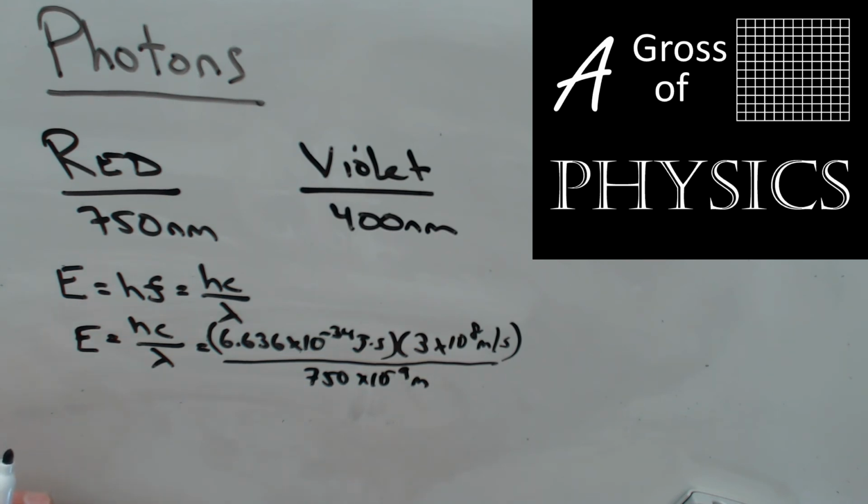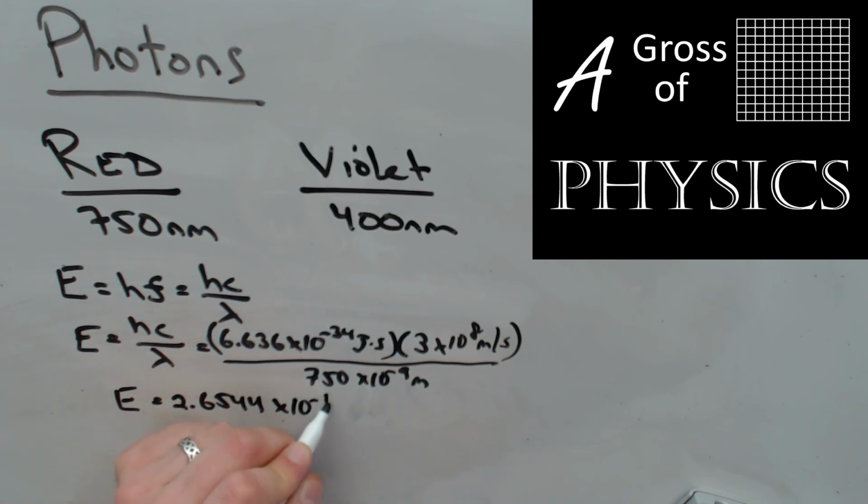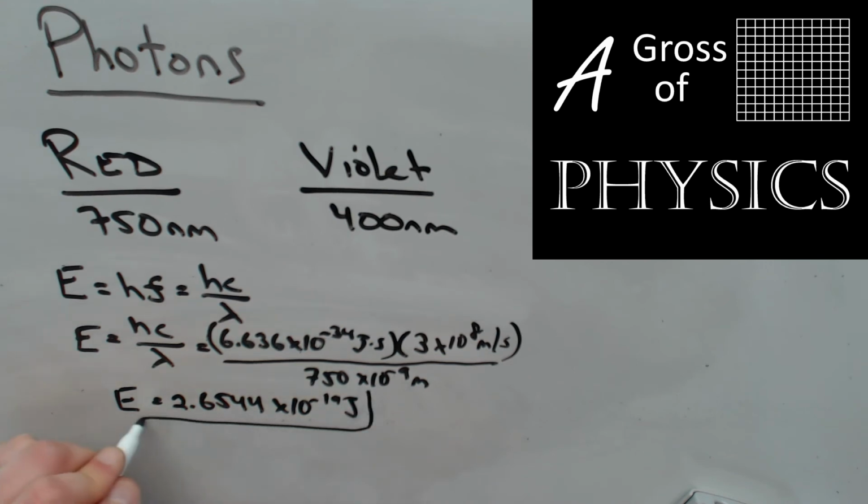All right, 6.636 E negative 34 times 3E8 divided by 750 E negative 9. And we get the energy to be 2.6544 times 10 to the negative 19 joules.